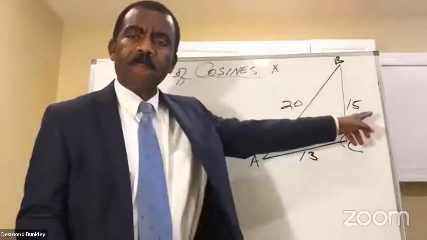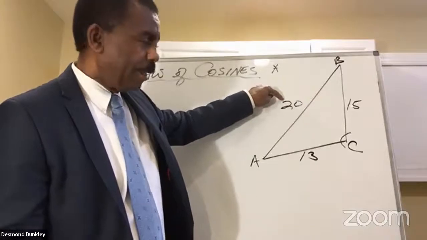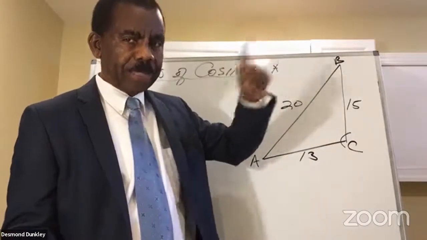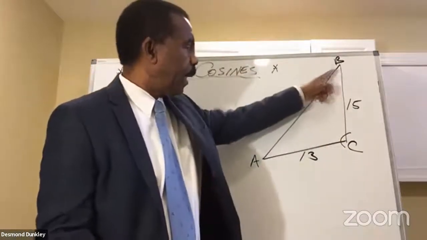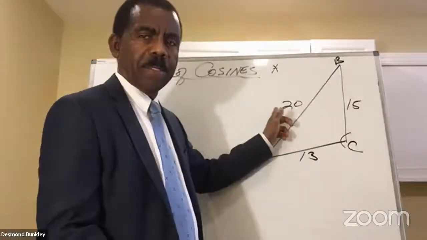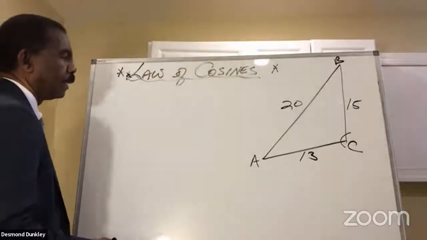According to this diagram, side C is the largest side. So therefore, angle C has to be the biggest angle. Make sense? Angle C has to be bigger than angle B and angle A, because side C is the biggest of all three sides. So here we go.